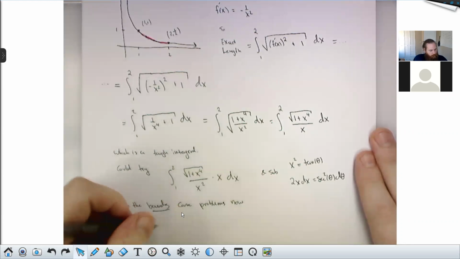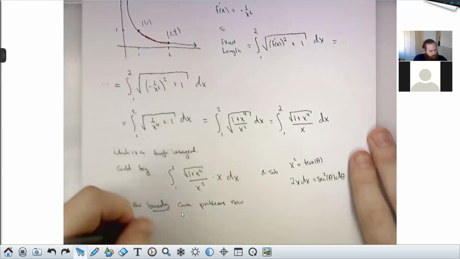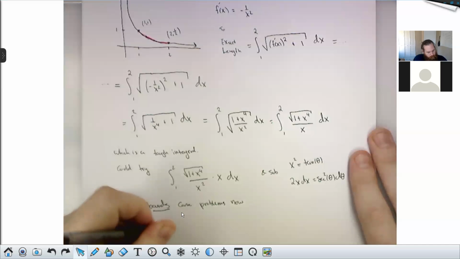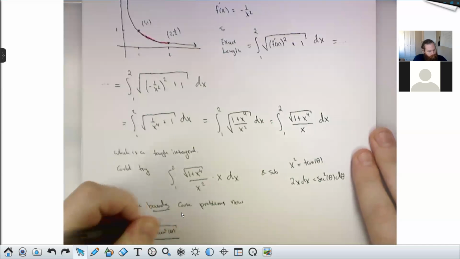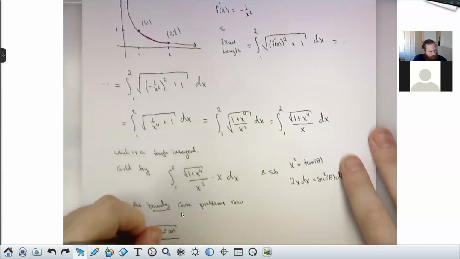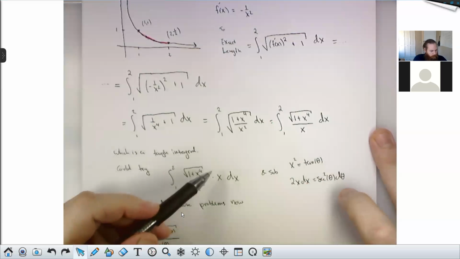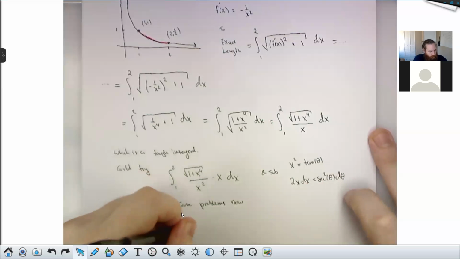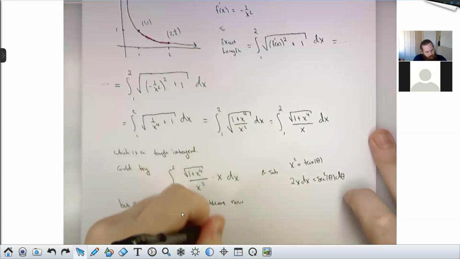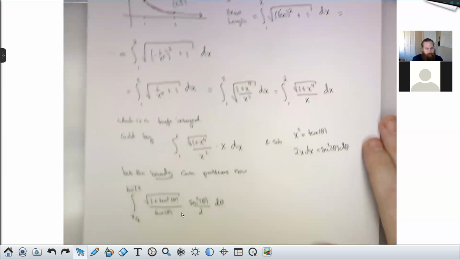Upstairs here, you'd have the square root of 1 plus x squared squared, which would be the square root of 1 plus tan squared theta. Downstairs here, this x squared would be just tangent theta. And this x dx would be 1/2 secant squared theta, or secant squared theta over 2 d theta.